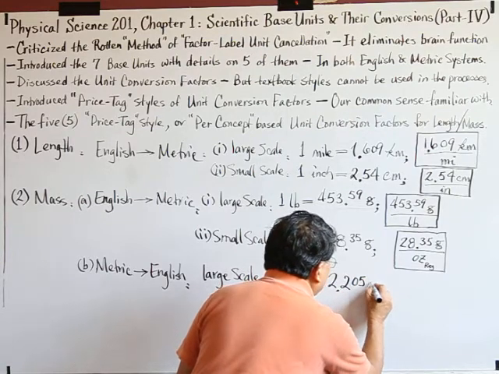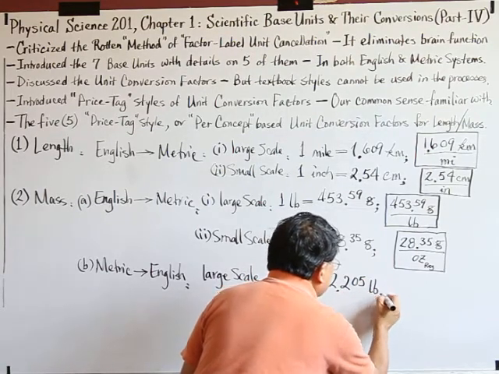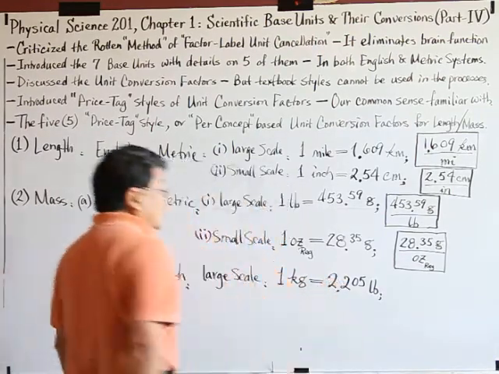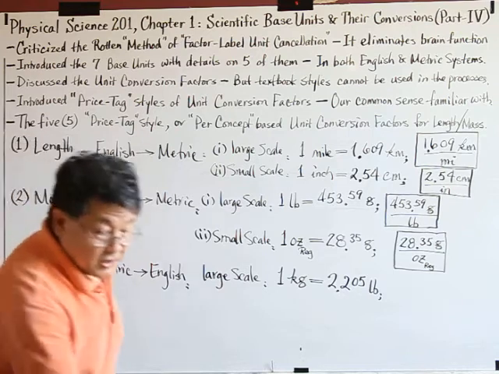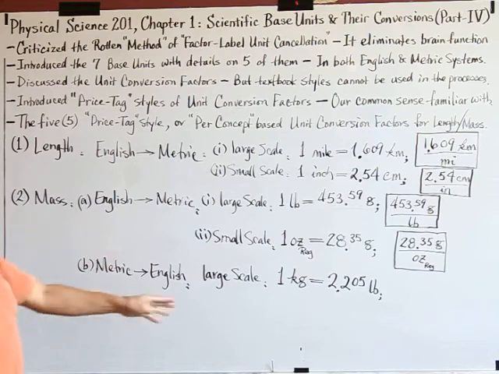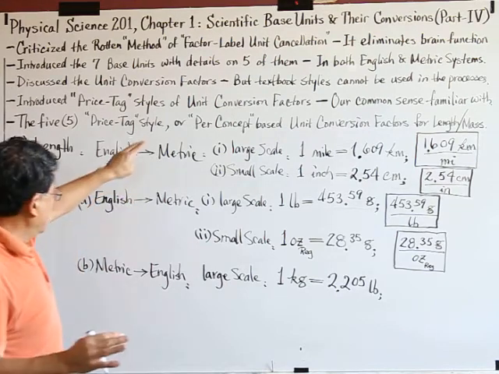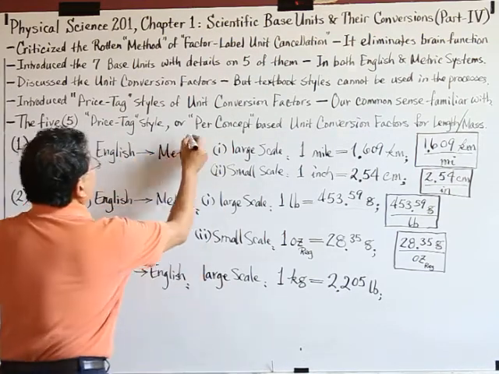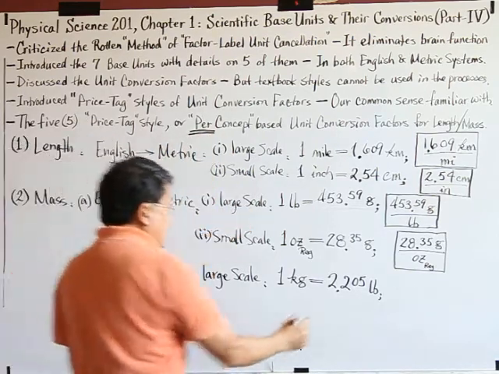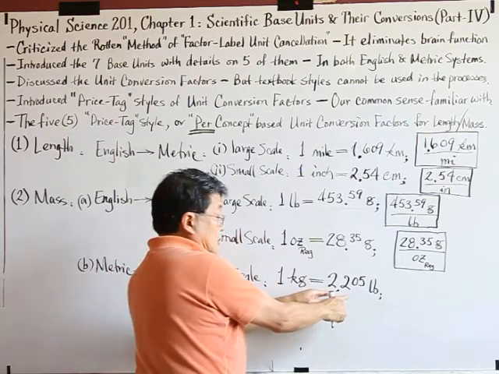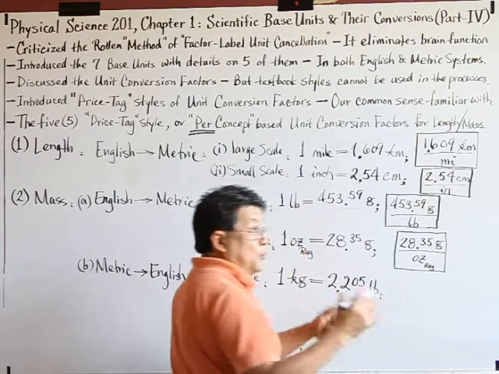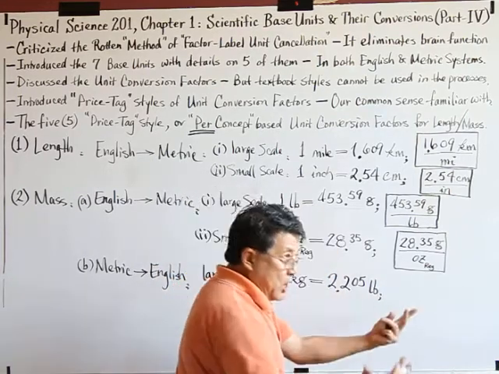2.205 what? Pound. Now since it is not a per style for you to do conversion directly, we're going to have to write this textbook style conversion factor into a per concept based style in the box. So what is that? That's 1 kilo equivalent to 2.205 pound, then 2.205 pounds per kilo.